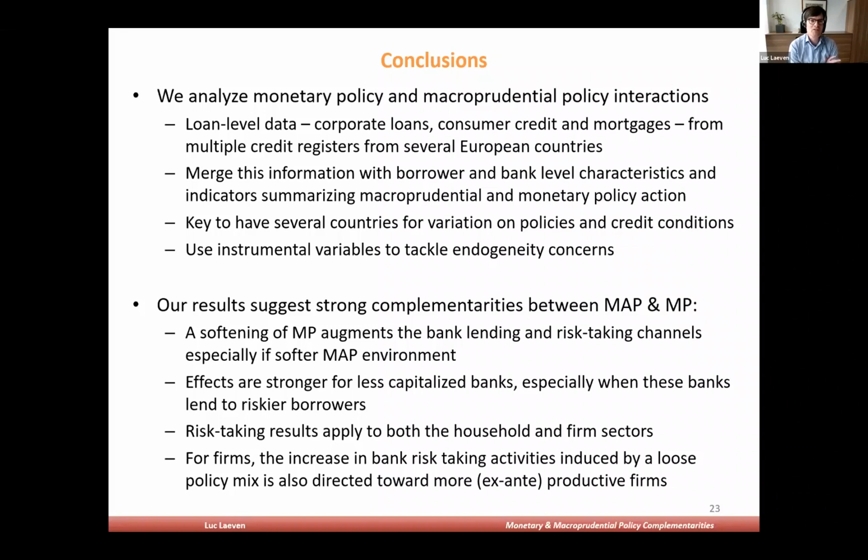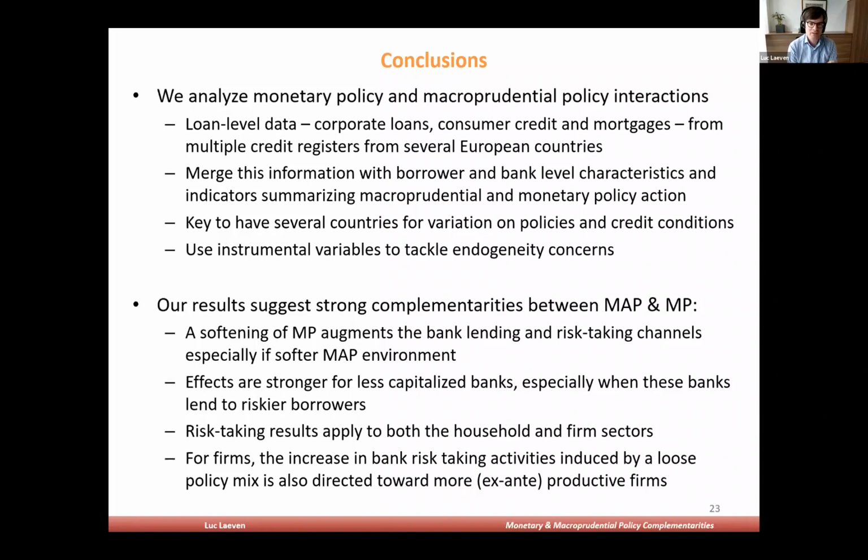What we do is we analyze the interaction of monetary and macroprudential policy, focusing on the impact on credit extension, using a really phenomenal data set of multiple credit registers across several European countries. We deal with endogeneity concerns that are really a problem in this literature by a combination of methods, including instrumental variables, and using monetary policy shocks rather than, let's say, interest rate changes.